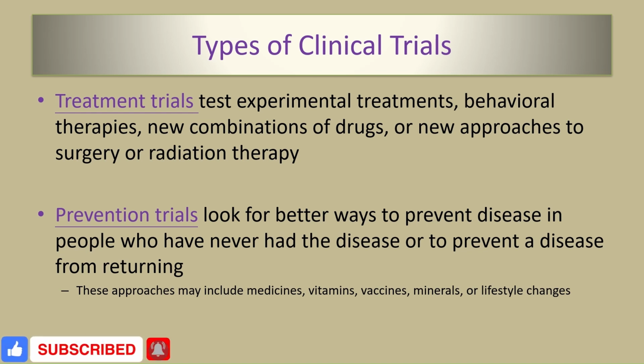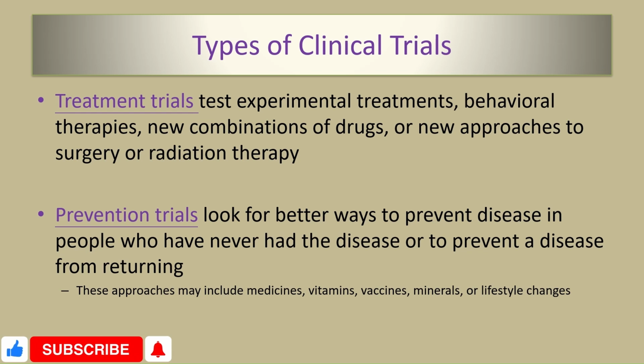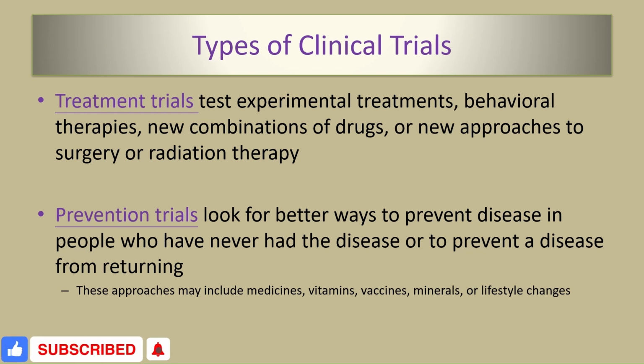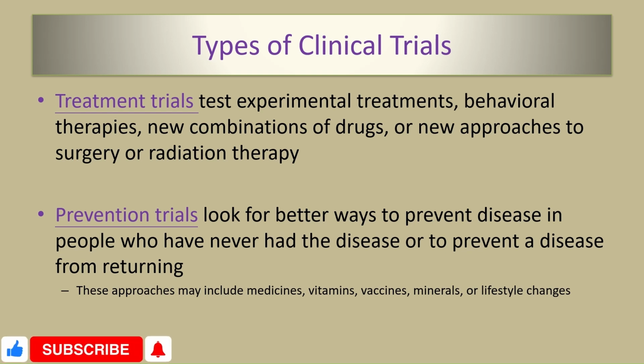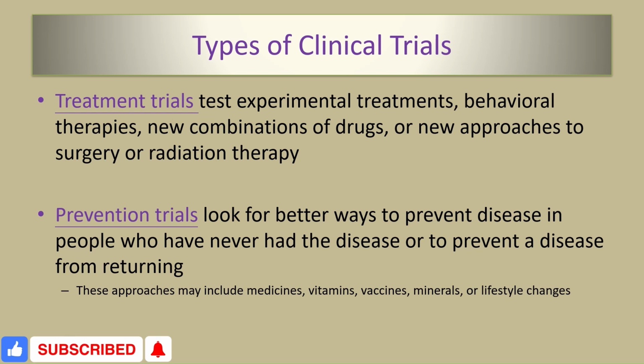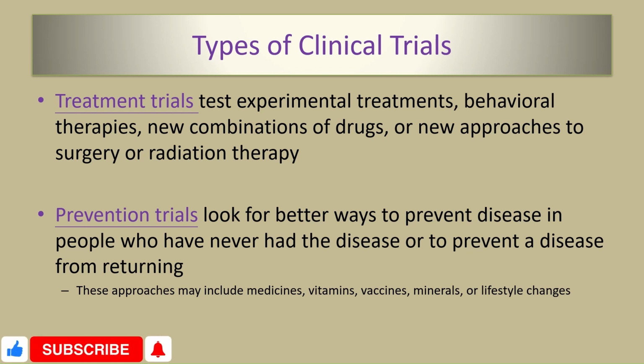Prevention trials look for better ways to prevent disease in people who have never had the disease or to prevent a disease from returning. These approaches may include medicines, vitamins, vaccines, minerals, or lifestyle changes.